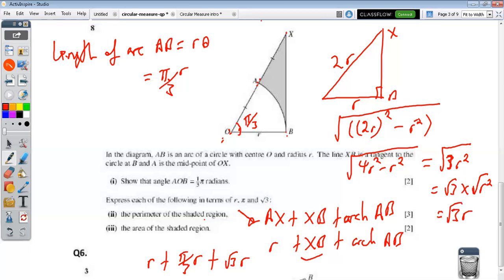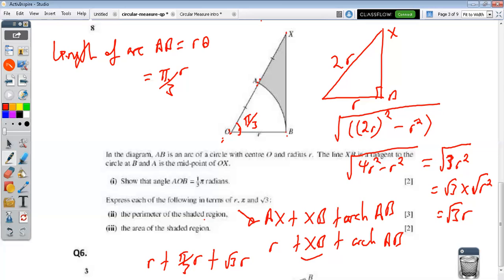Express the perimeter. Okay, so it's up to you whether to simplify or not to simplify.